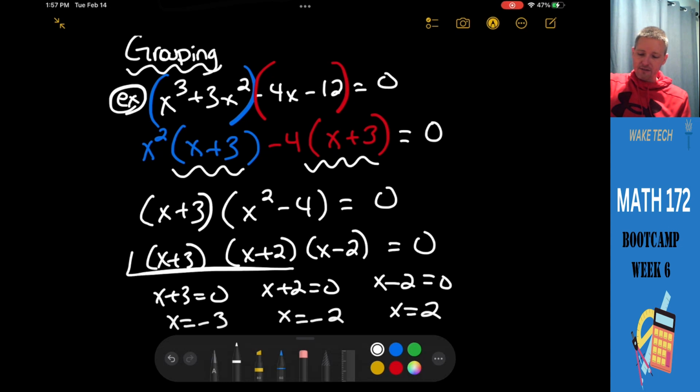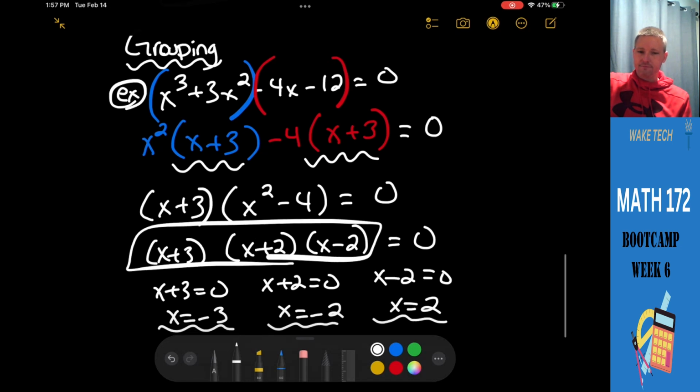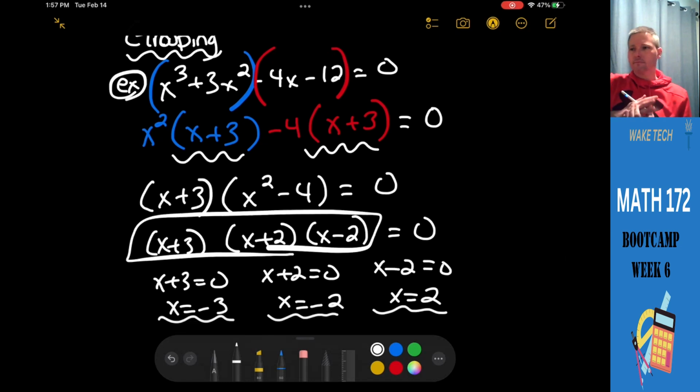So our factors are here. If we were solving it, those answers are here. Questions about grouping?